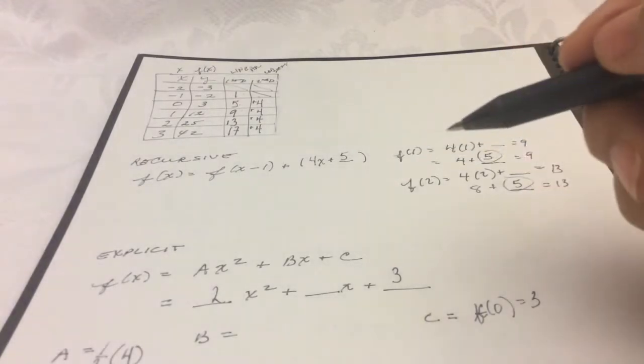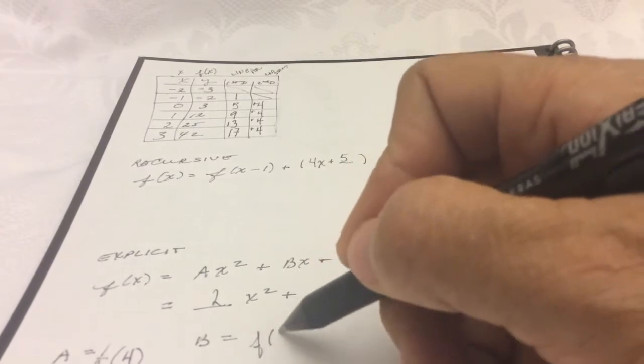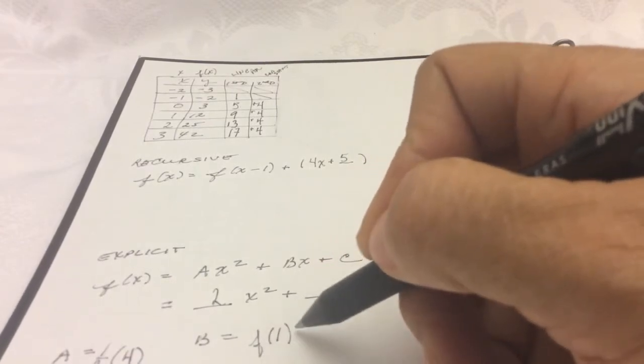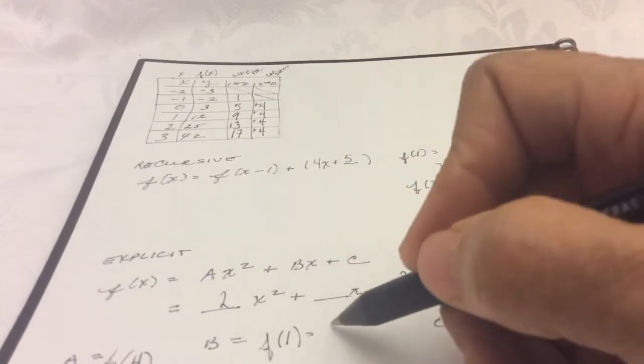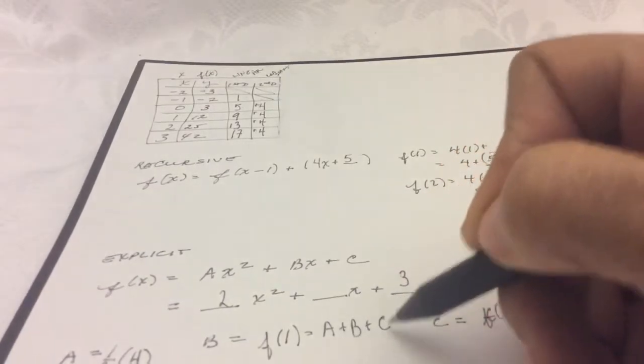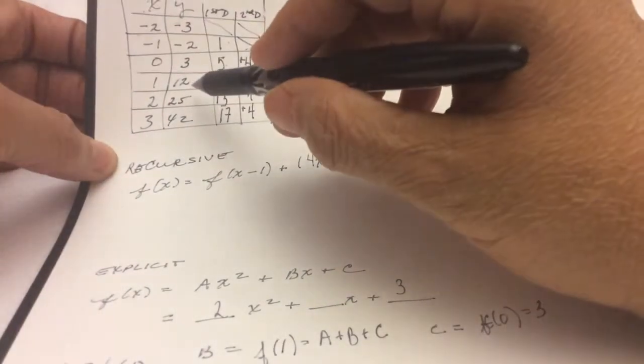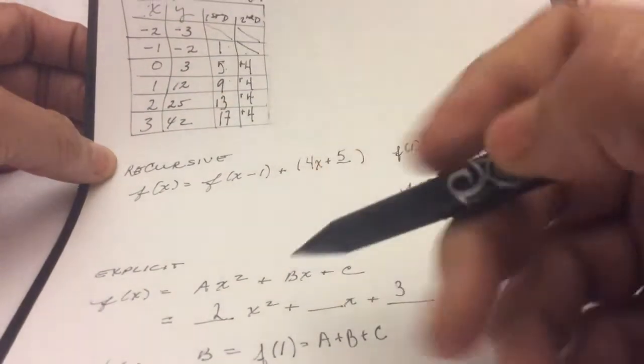And lastly, to get b, we use f of 1, and that's going to be equal to a plus b plus the c value. F at 1, as you can see on the f of x chart, is going to be 12.